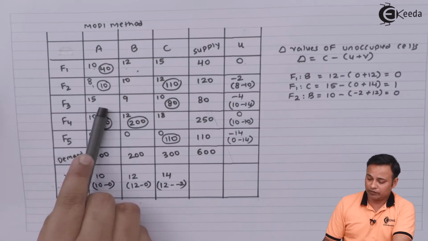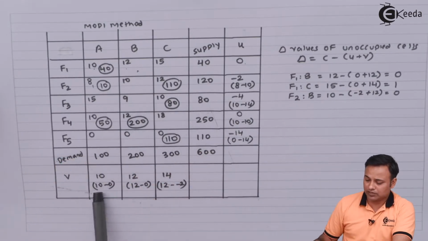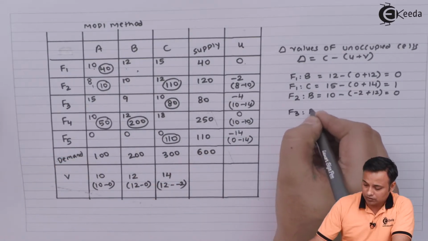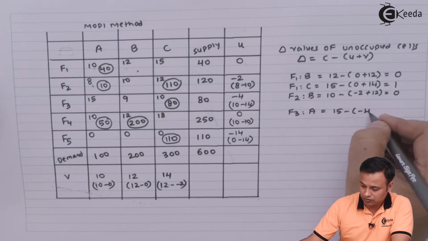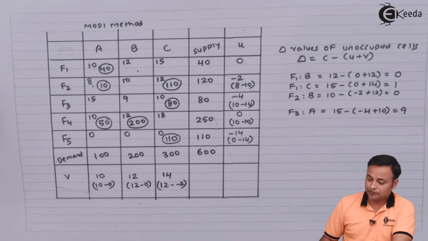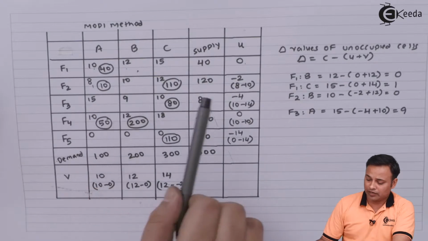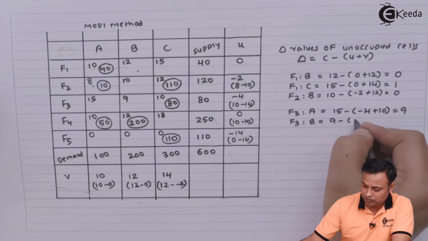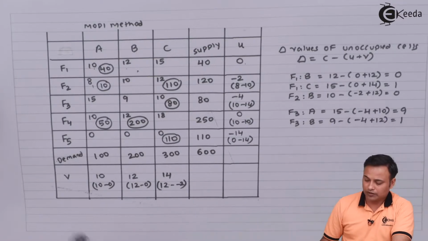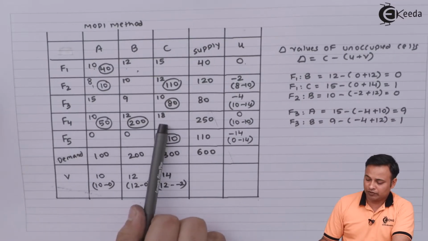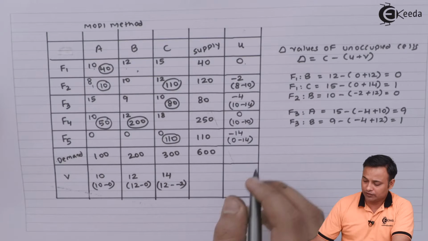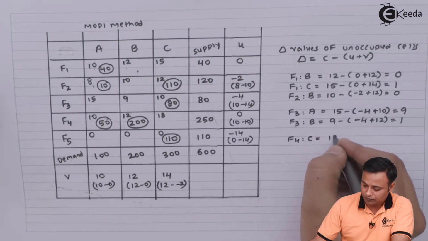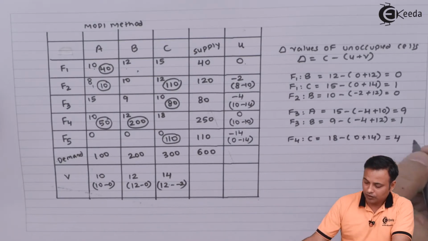At F3A, it will be 15 minus 4 plus 10, 9. At F3B, it will be 9 minus 4 plus 12, 1. At F4C, it will be 18 minus 0 plus 14, 4.